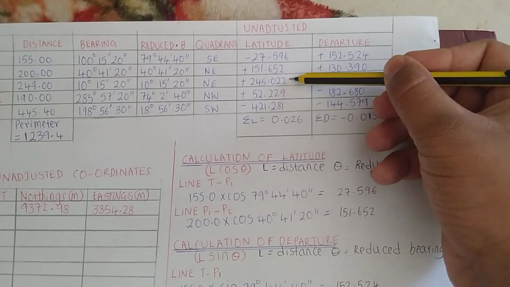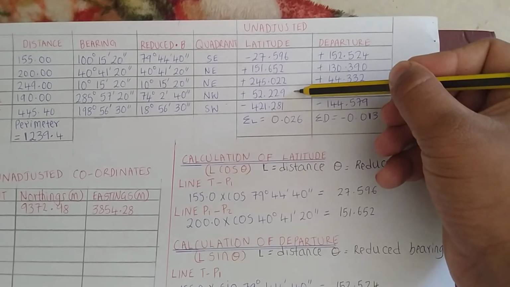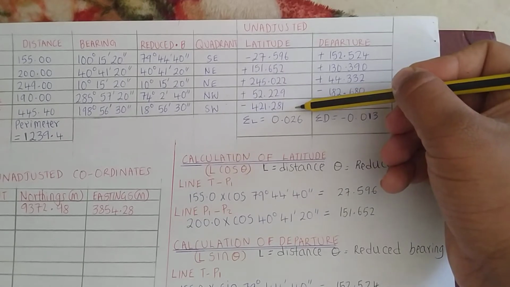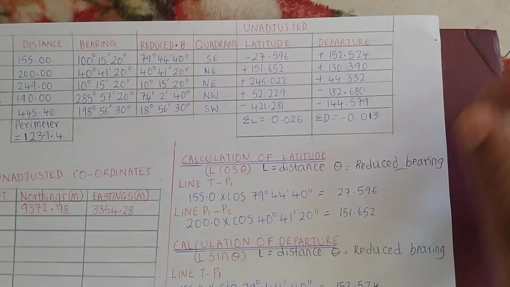The latitude of line P2P3 is 245.022. The latitude of line P3P4 is 52.229. The latitude of P4T is 421.281. So I have filled my table.